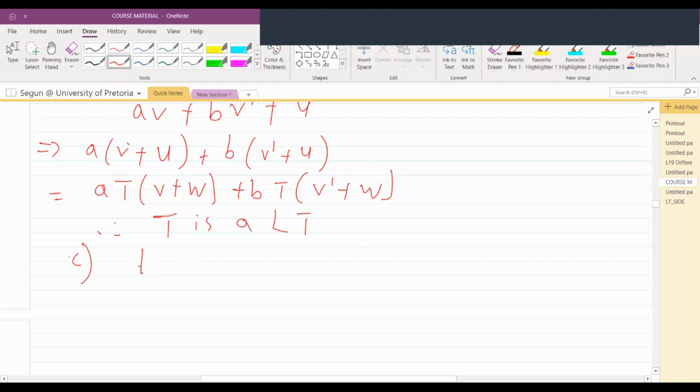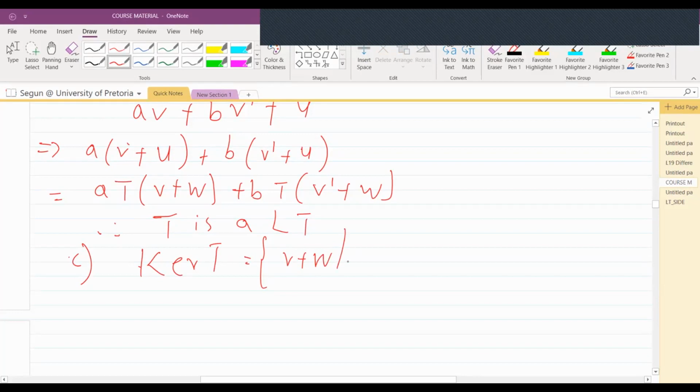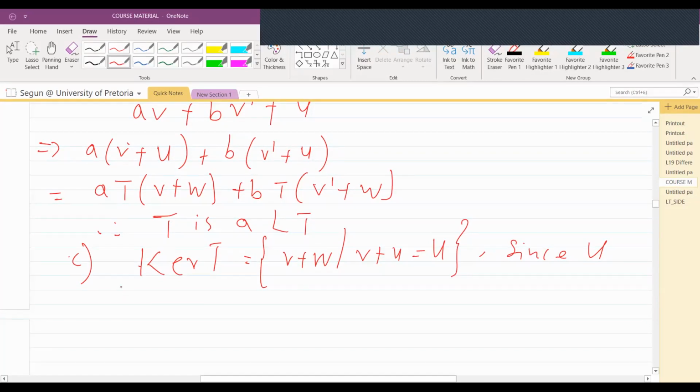But let me just help us by saying the kernel of T is the same thing as, in this case, V plus W such that V plus U is the same thing as the capital U, since U is the zero.